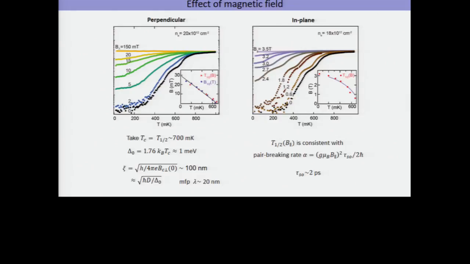And a simple analysis at a Tinkham level yields an estimate of the coherence length of about 100 nanometers. Mean free path of the electrons, we reckon, is around 20 nanometers. And we reckon that the effect of the in-plane field is due to pair breaking by spin-orbit scattering. According to that theory, we get about 2 picoseconds spin-orbit scattering time.